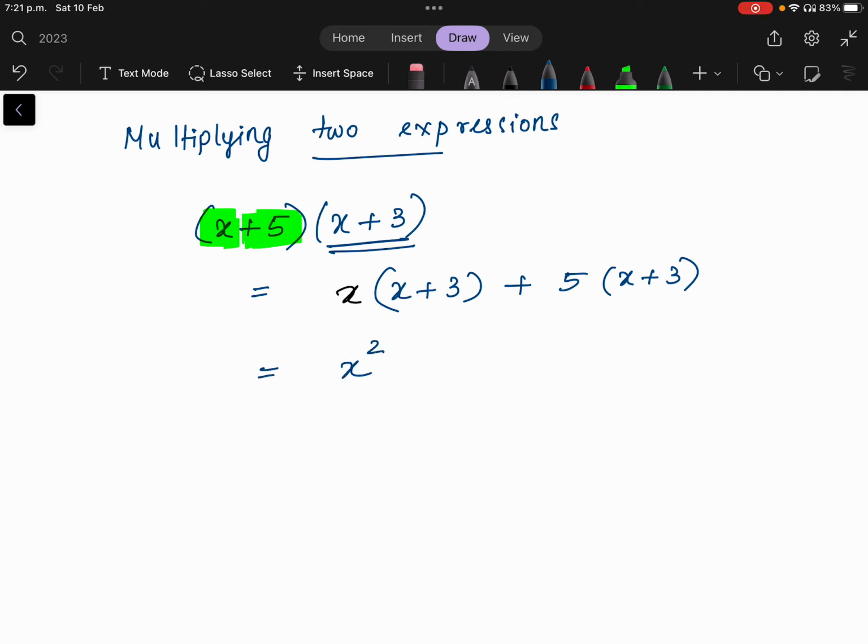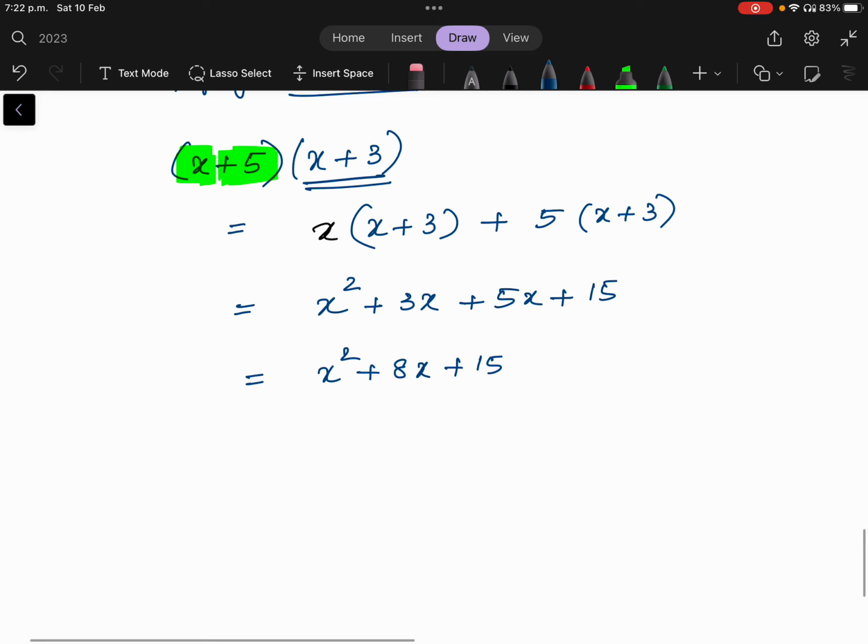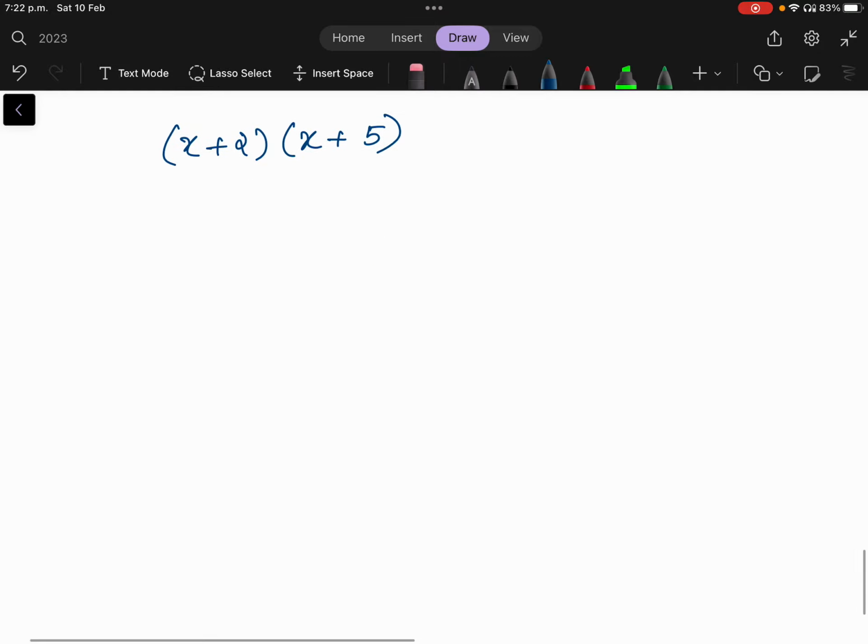So that is x square plus 3x plus 5x plus 15, that is equal to x square plus 8x plus 15. Let me show you one more. X plus 2 times x plus 5. Okay, so what you do first, you write the second one twice here.